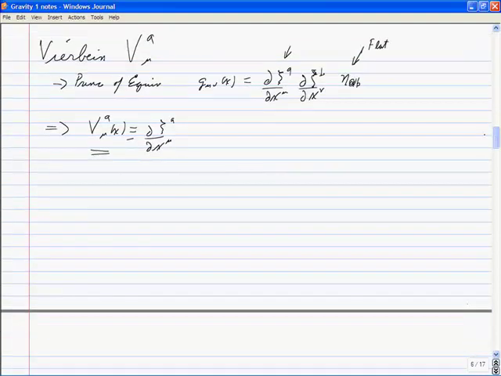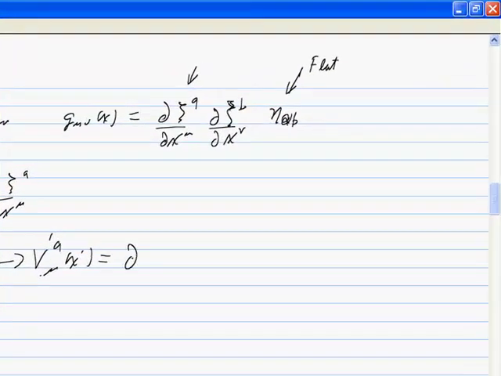This has the transformation that V^a_mu of x goes to V'^a_mu of x', which is dx'^nu / dx^mu times dA_nu. So it transforms with one of these transformation functions.